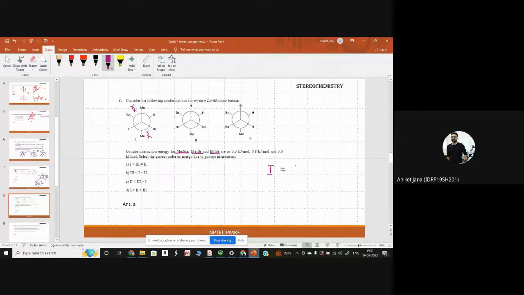So in case of 1, we can write that the methyl-bromine interaction causes 0.8 into 2, right? And let's find out in case of 2 how many are there. 1 is bromine-bromine, right? So for bromine-bromine 3.0, plus for methyl-methyl, what is the interaction?